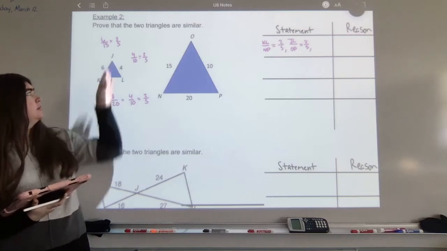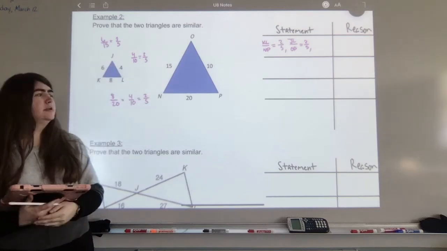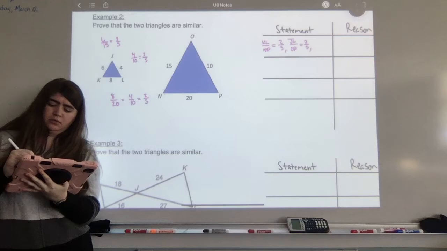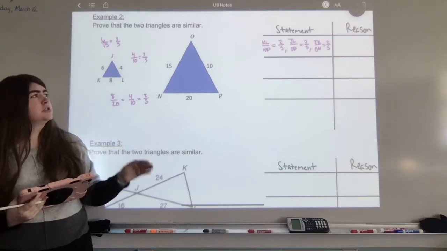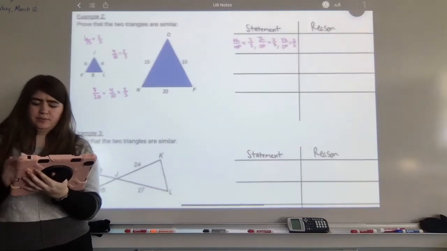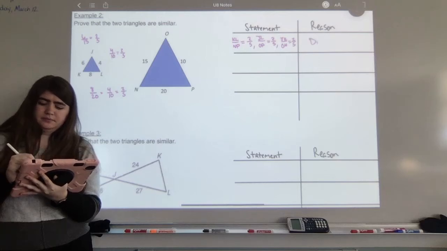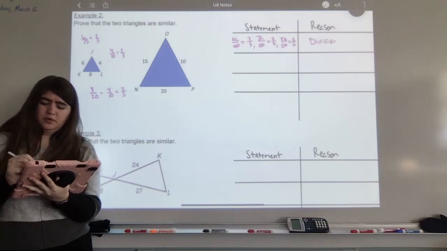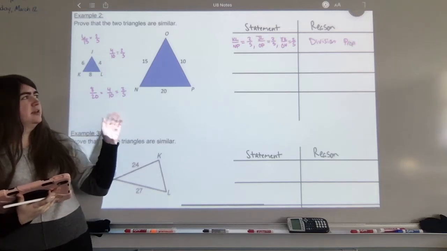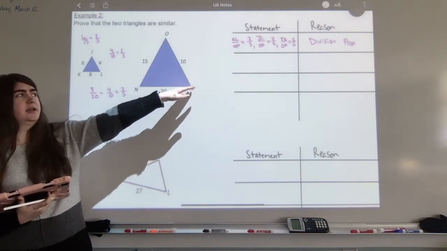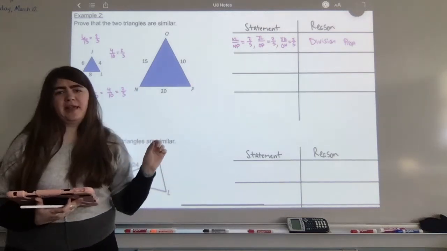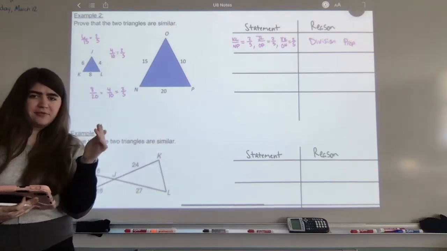And I have JK over ON also equal to 2/5. And so I am allowed to do that by the division property. So I'm acknowledging the work that I already did, and now I can actually use that in my proof using the division property.